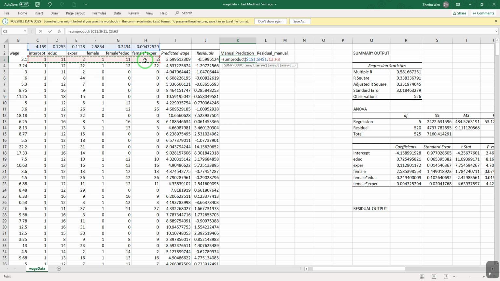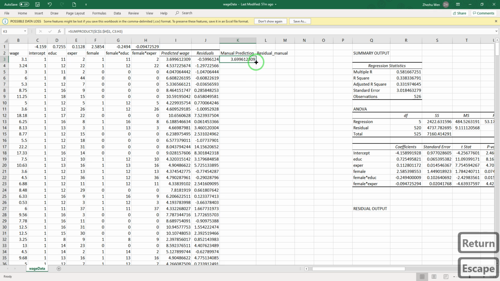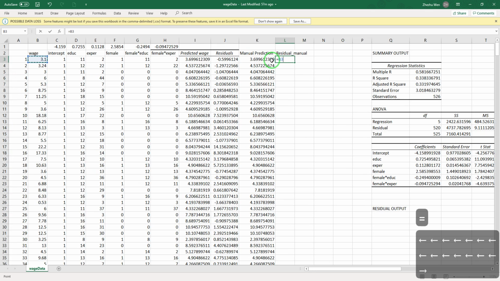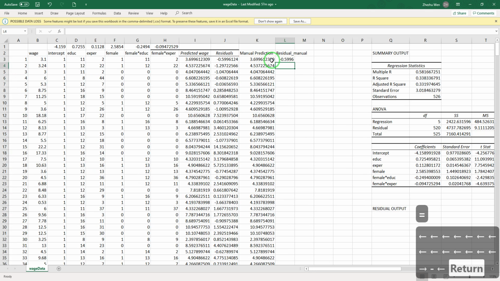like this. So if you formulate your equation like this, it means C1 multiply C3 plus C2 multiply D3 and so forth. So this should perform exactly the same task because I also absolute reference the first row. So even if you double click to fill it, the rest of the results should be exactly the same. So residual wise, it's going to be the same, right? It's the actual value minus this.